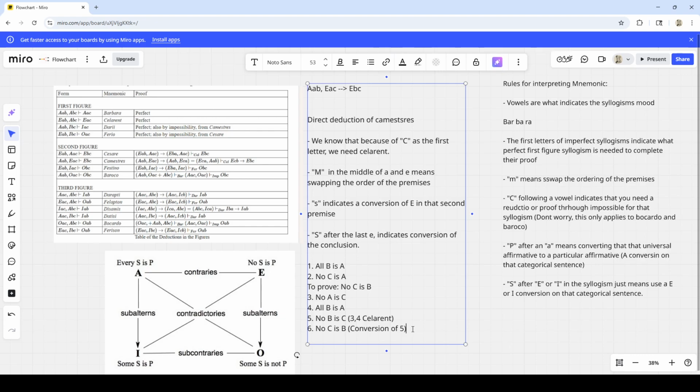It's a first figure Celarent syllogism, and then I just converted the conclusion from Celarent to no C is B, and therefore I get the original conclusion that I was trying to prove.